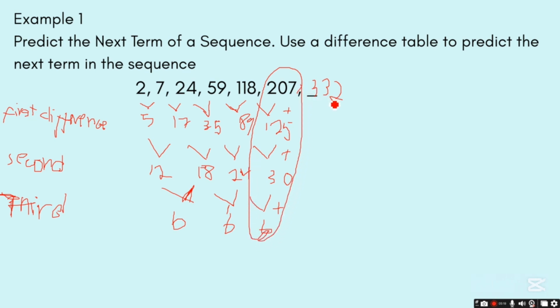By adding this, we can find the missing term.